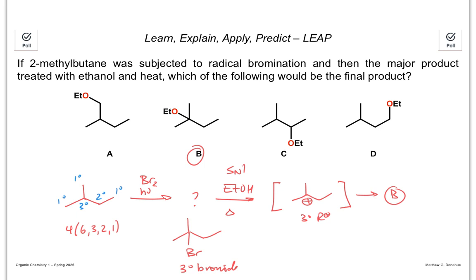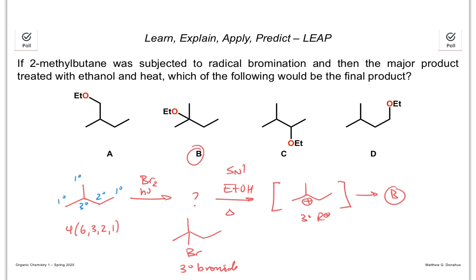So this is an example that illustrates how these different mechanisms allow you to take something that's non-polar, like 2-methylbutane. You only have carbon-carbon and carbon-hydrogen bonds. Through a radical C-H substitution, you're introducing a halogen, which is a good leaving group. And then through this other mechanism, you're substituting that for a new functional group.